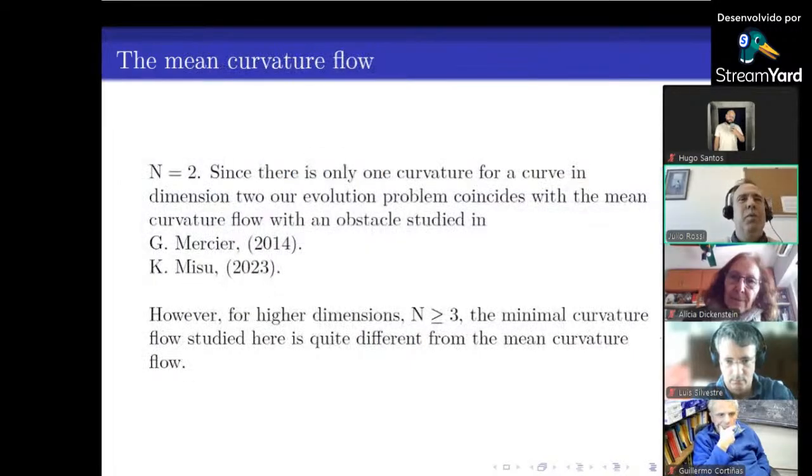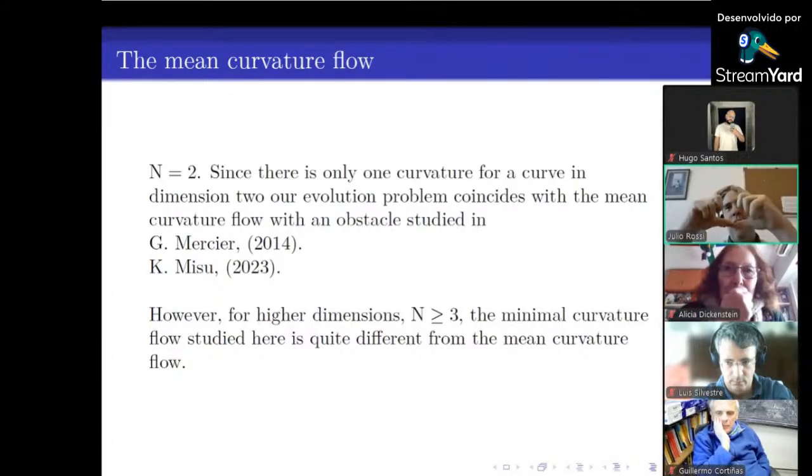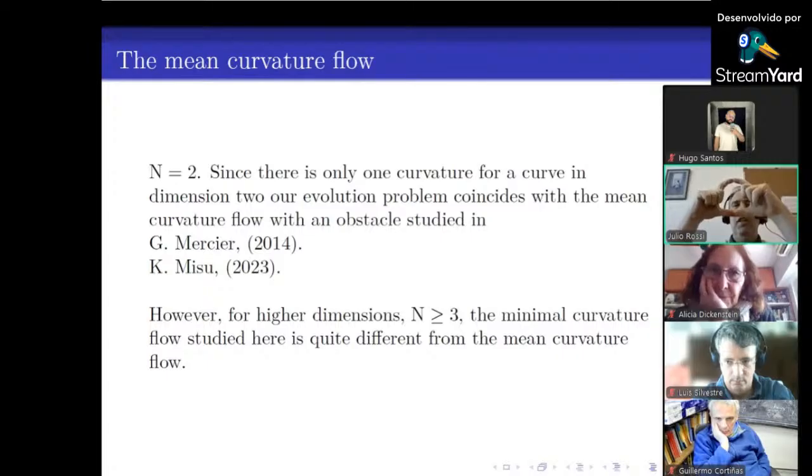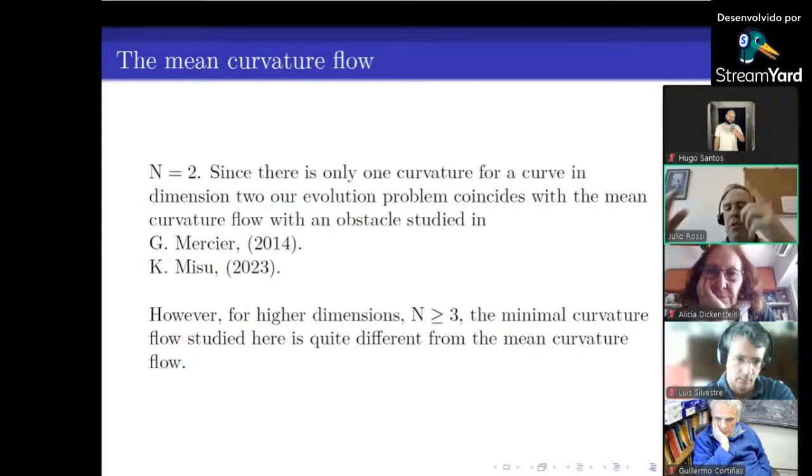So one thing about dimension 2. In dimension 2, when you are in the plane, your surface is not a surface, it's only a curve. And for a curve in R2, you have only one curvature. So the minimal curvature is the same as the mean curvature, the same as the maximal curvature, the same as every curvature, because you only have one curvature there.